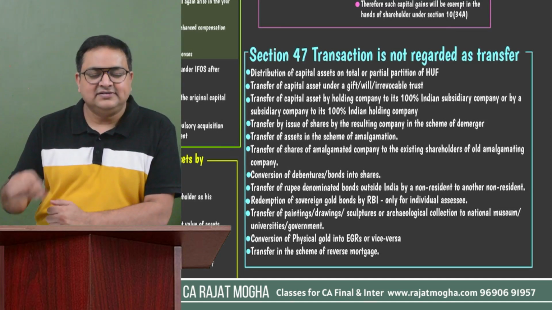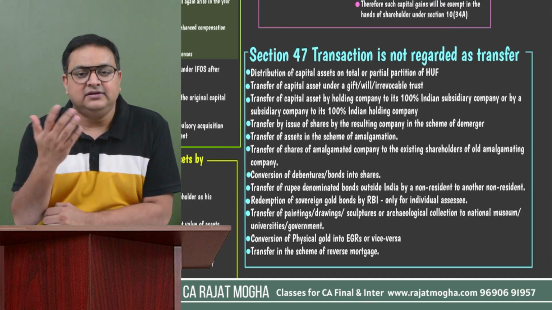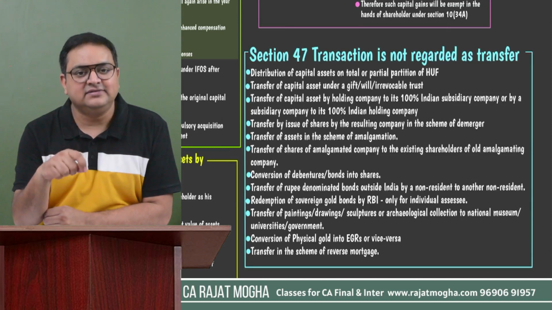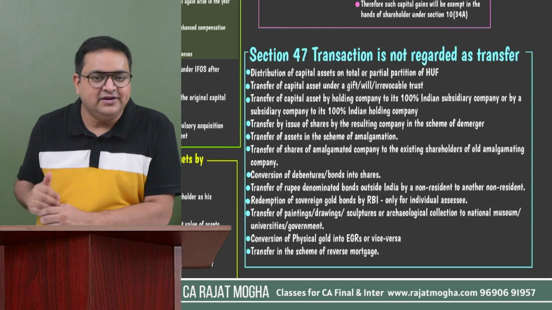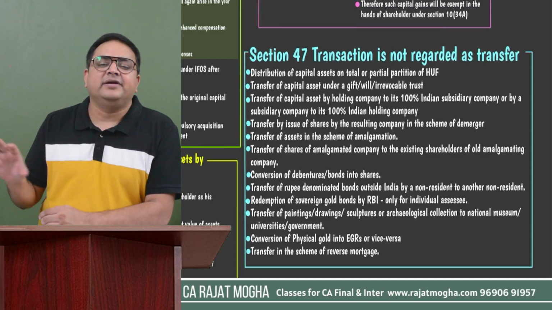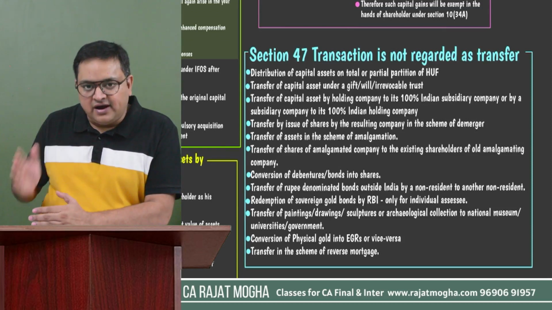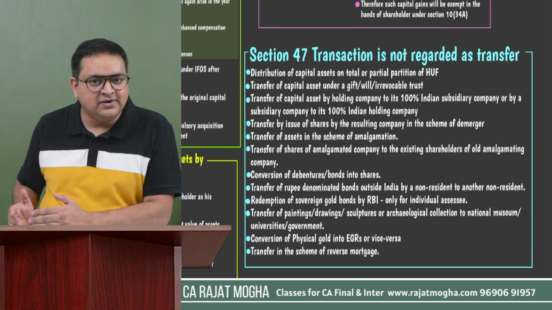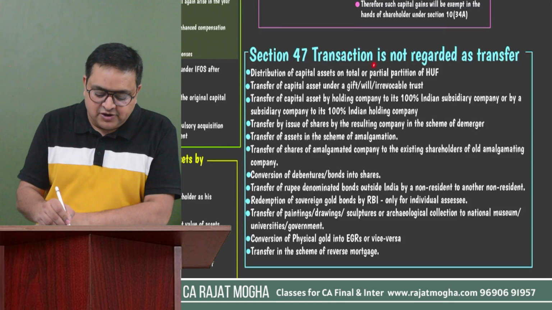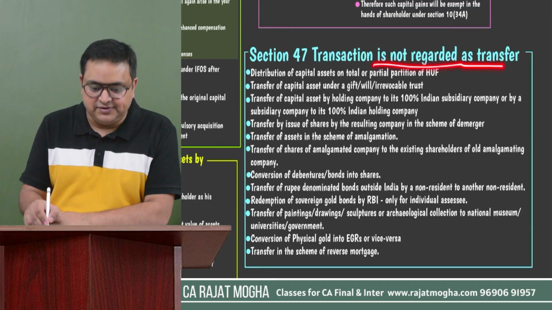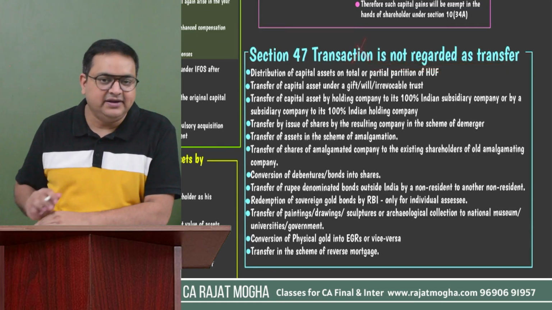Although these transactions look like a transfer is happening, if the transfer is as per section 47, then we will not regard it as a transfer, and hence there would be no capital gain, right? So these are the transactions which are not regarded as transfer. So no capital gain in these transactions.